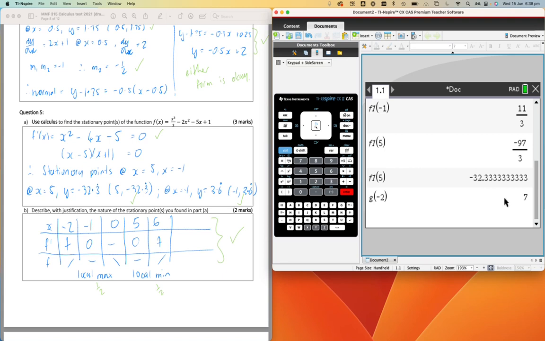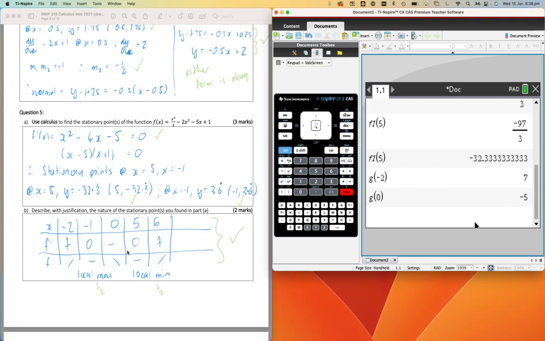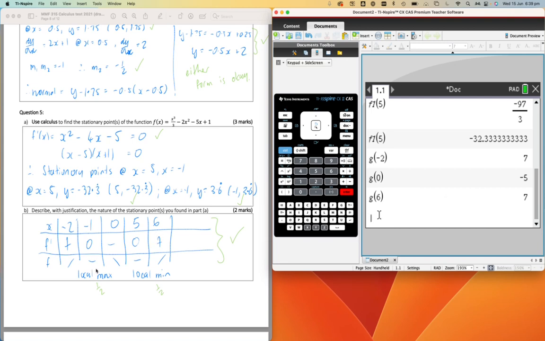It's positive. g of 0 returns -5. Negative. g of 6 is 7. It's positive again. Positive, 0, minimum, down, 0, up, local max, local min, done.